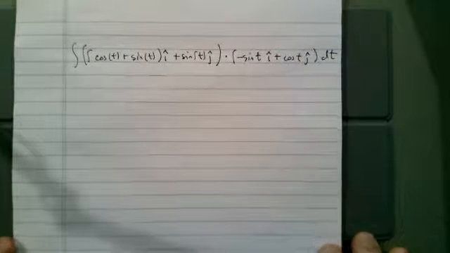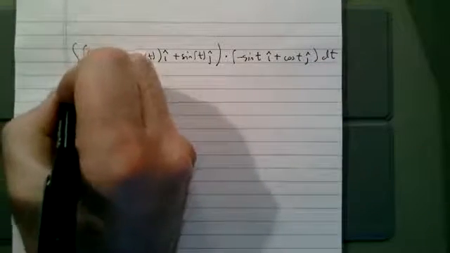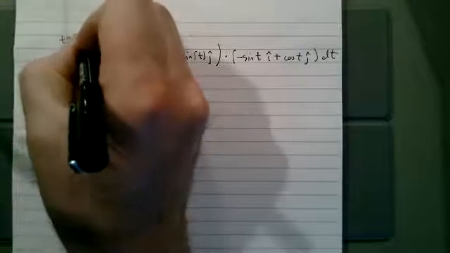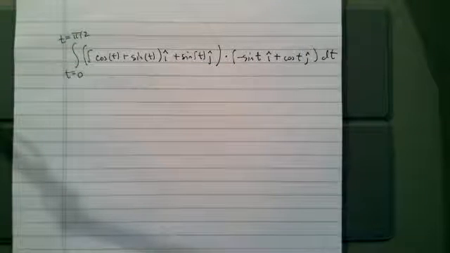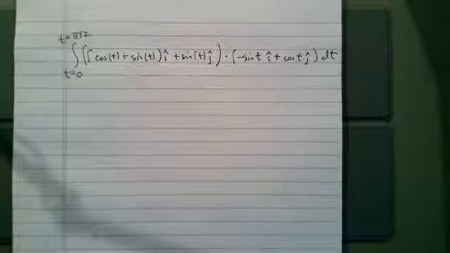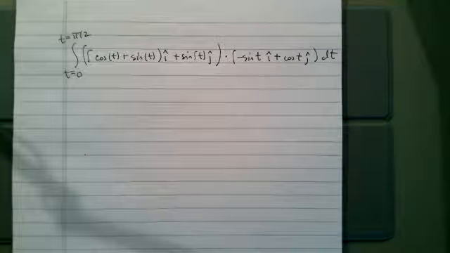Now notice that this is an integral dt, so I need t values, but that was part of the parameterization. t goes from 0 to pi over 2.